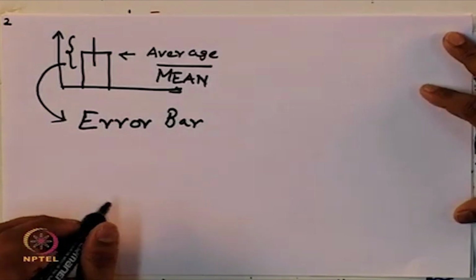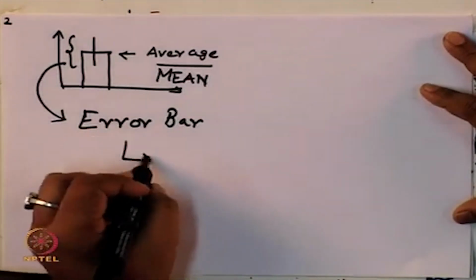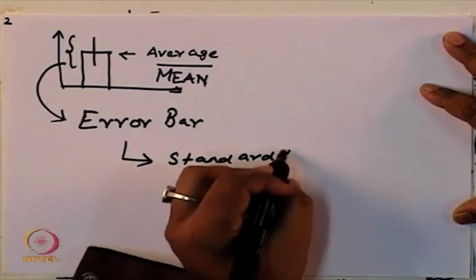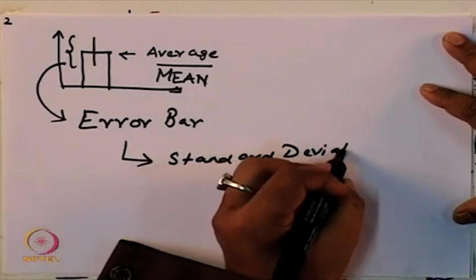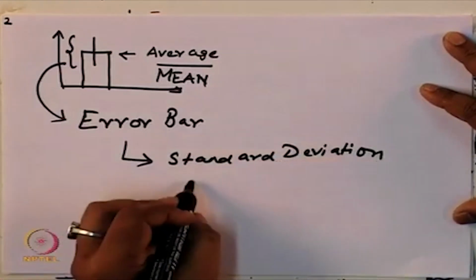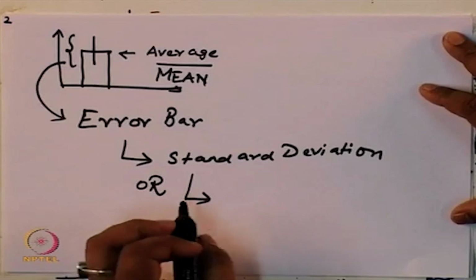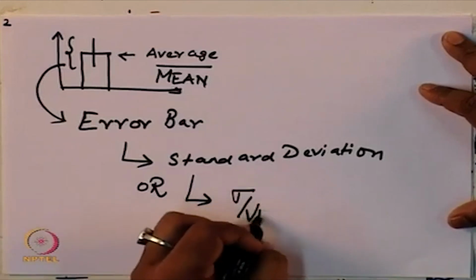Now, this error bar can be either your standard deviation or, instead of standard deviation, you can plot sigma by root n.